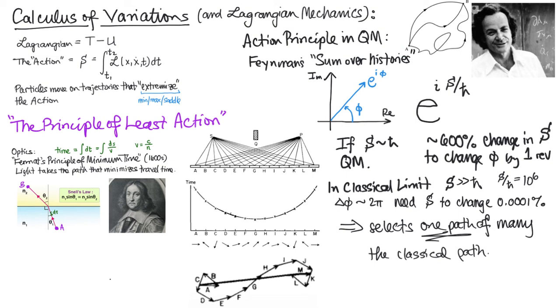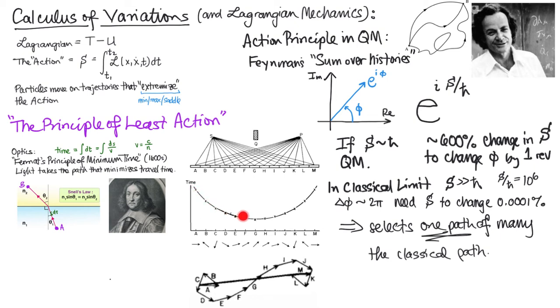Classically, though, one of those paths is selected, and it's the one for which this quantity, the action, is extremal. And that is what we get when we think about classical mechanics. Okay, so the idea then is that we're looking for the trajectory for which this action, S, is extremal, in this case minimal, so that small steps away from it do not change the action to first order.